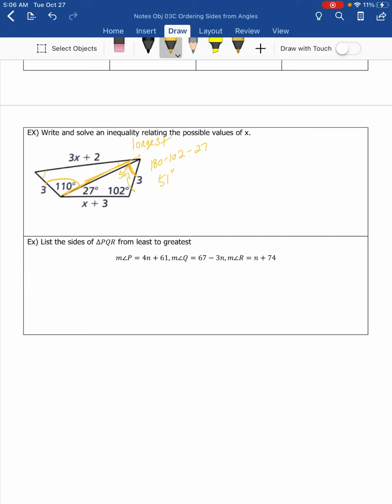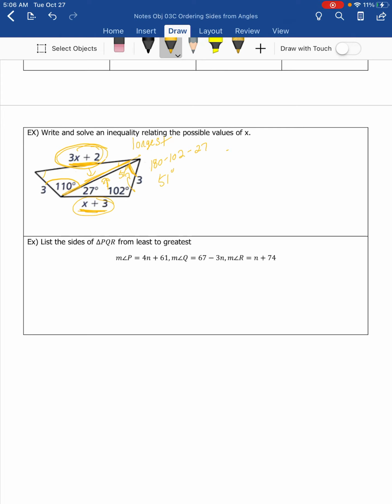Well, it's not possible for either of these angles to be greater than 110, so this is going to be the longer side. So one of the things that I know is that this side right here is shorter than that side. This side right here is shorter than this side, and this side right here is longer than this side because this is the longest side for sure.